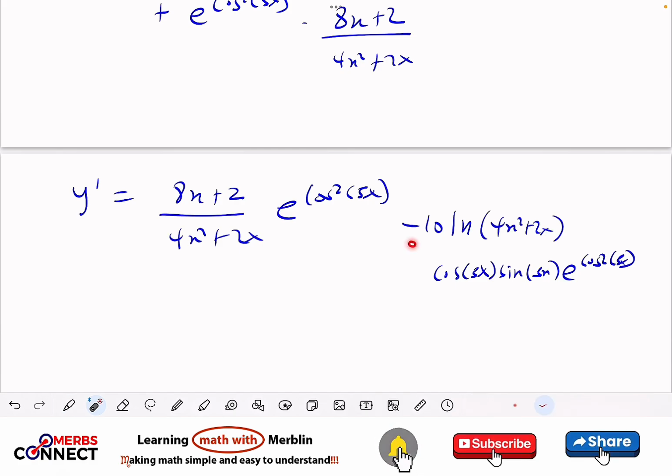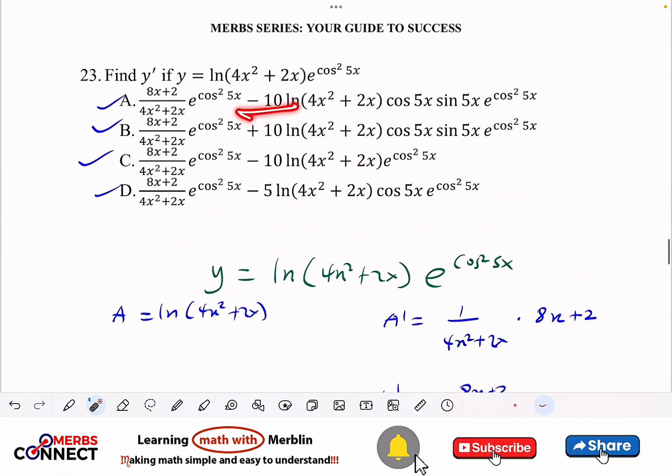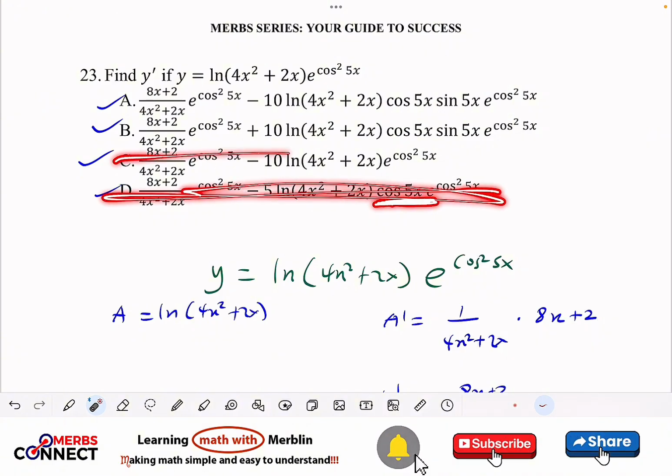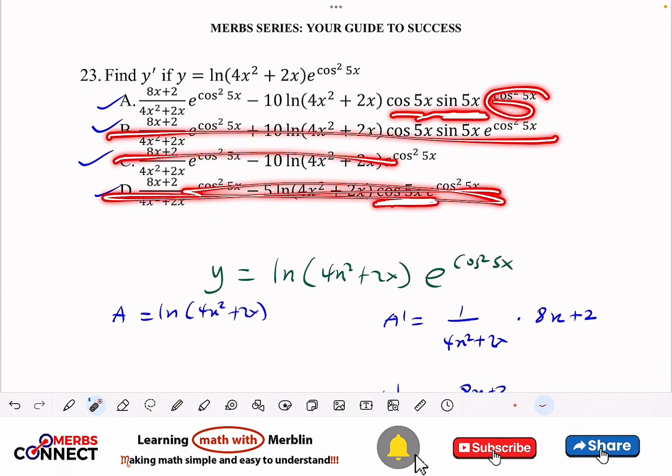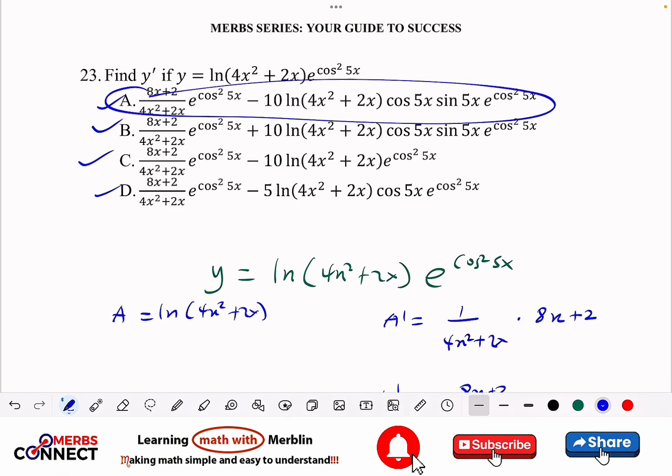So the term that we need to look at here is minus 10. So it means that this option is out, this option is out. Here we don't have sine inside, so this one too is out. But this is indeed the solution because we have the cos, we have the sine, we have this, and we have that. So this is going to give us A here. Good.